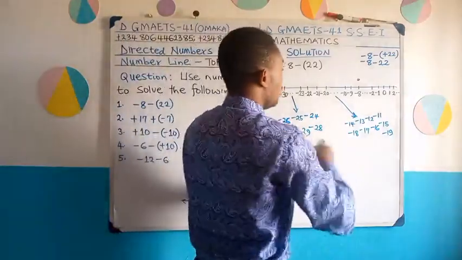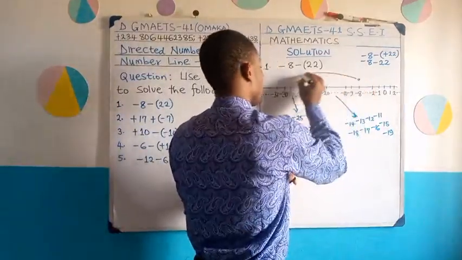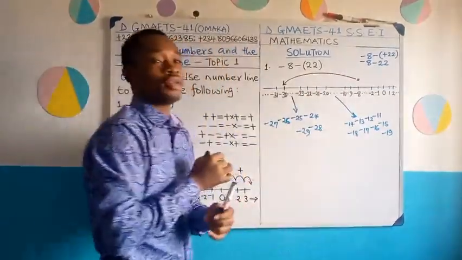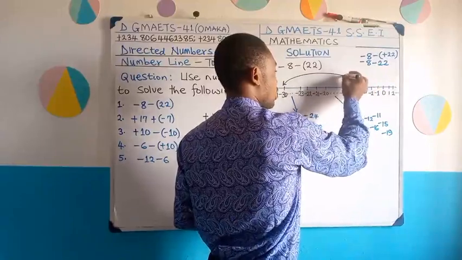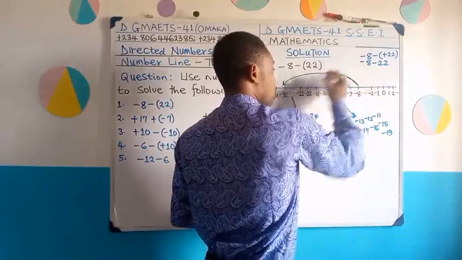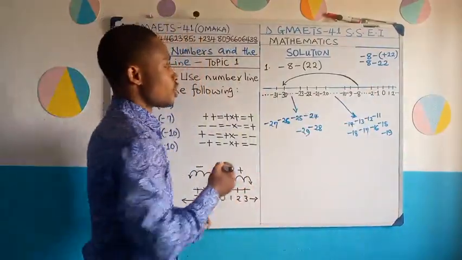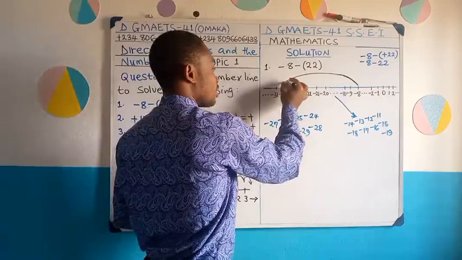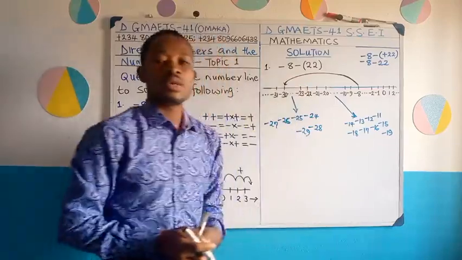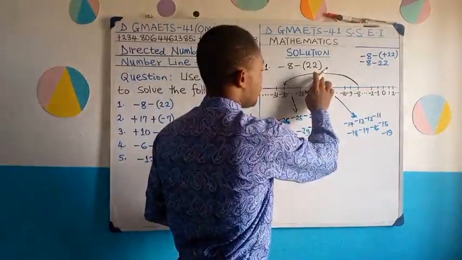So I can just show it this way. Is that okay? From -8, moving 22 times, is going to get me to -30. So that's what we do. This is now the solution.